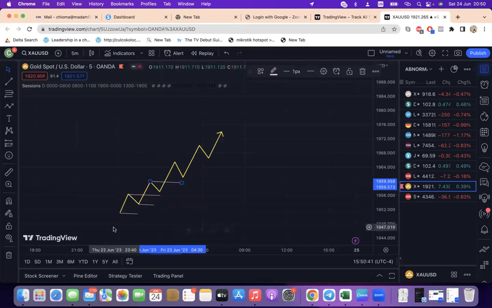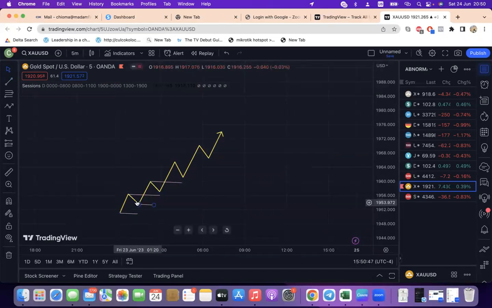Now, do you see that when you had your low and your high, you had a higher low, there was a break of this line where there was the former high.